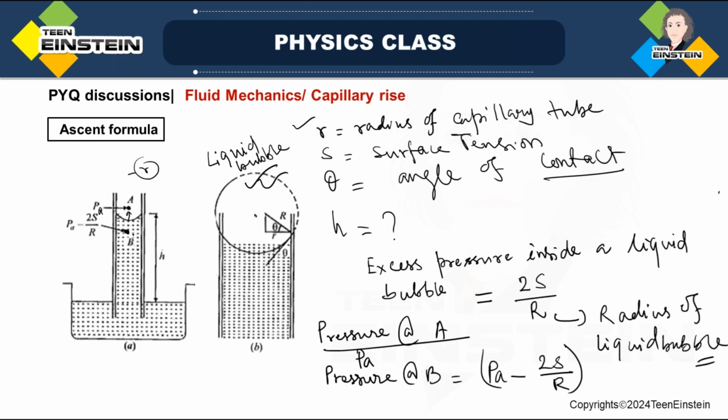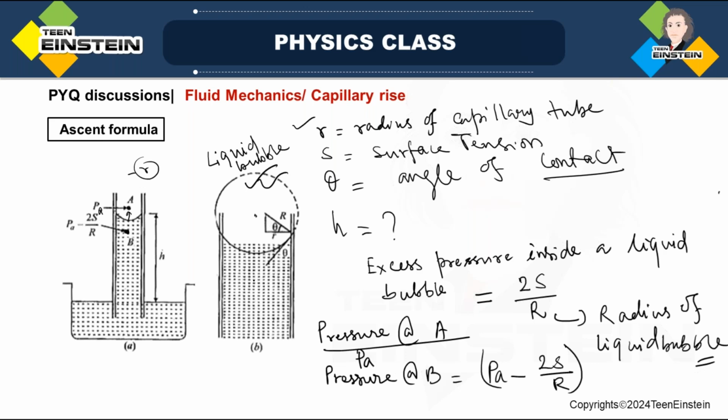The liquid column will give a certain pressure at this particular position. Due to this excess pressure, the liquid rises in the capillary tube by height small h, when the hydrostatic pressure exerted by the liquid column becomes equal to the excess pressure P.